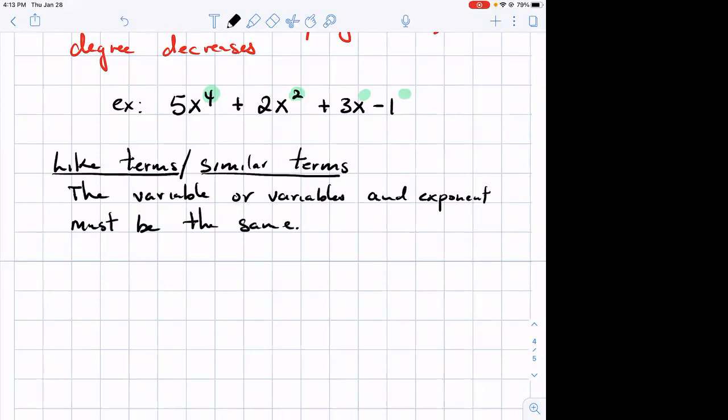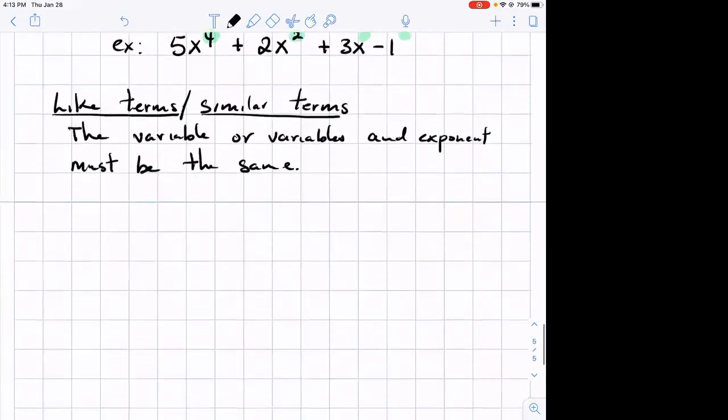Okay? And what does that mean? This means, class, if we have 2x and 5x, these are like, because the variable here is x to the 1, the variable here is x to the 1.